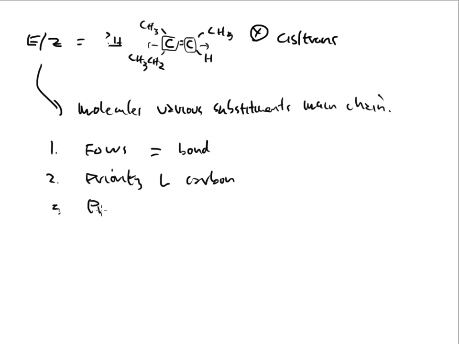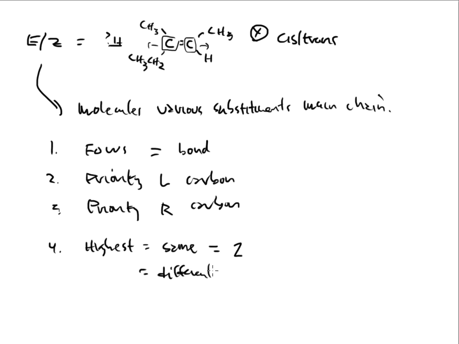Number three, we then determine the priority of the right-handed carbon. Which one of those groups would have higher priority over the other one? Number four, if the highest priority groups are on the same side, it is the Z notation. If the highest groups are on different sides, then this is going to be the E notation.